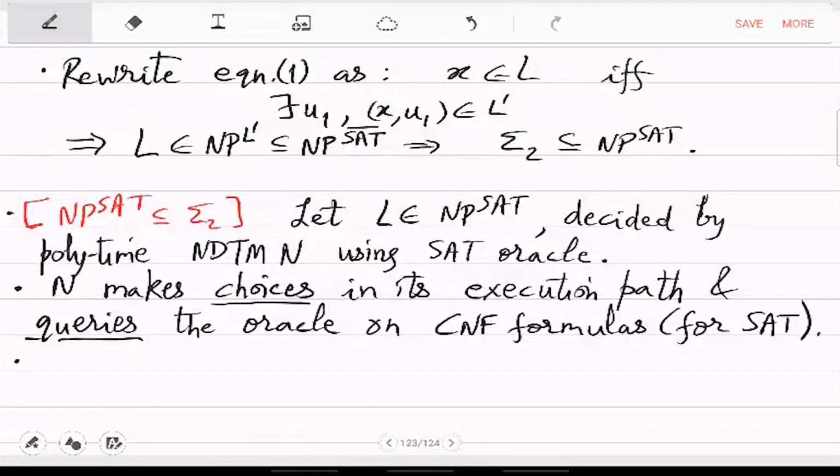So the answer may be yes or no. Yes will correspond to there exists quantification, and no will correspond to for all quantification, SAT complement, and we have to keep track of that separately.